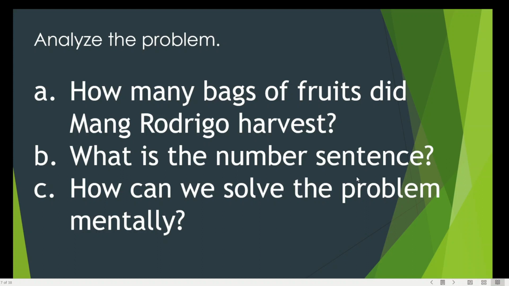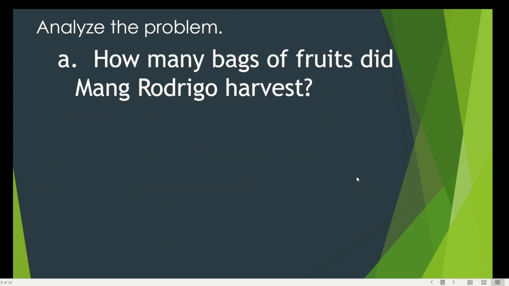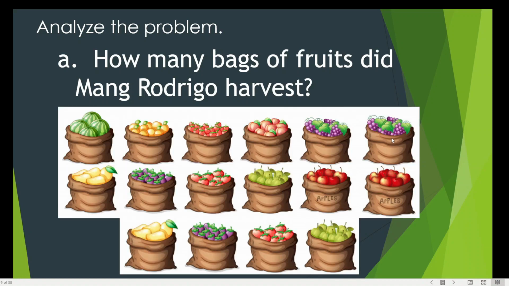So let us first answer, analyzing the question in letter A. How many bags of fruits did Mang Rodrigo harvest? So for example, these are the bags of fruits that Mang Rodrigo harvested.